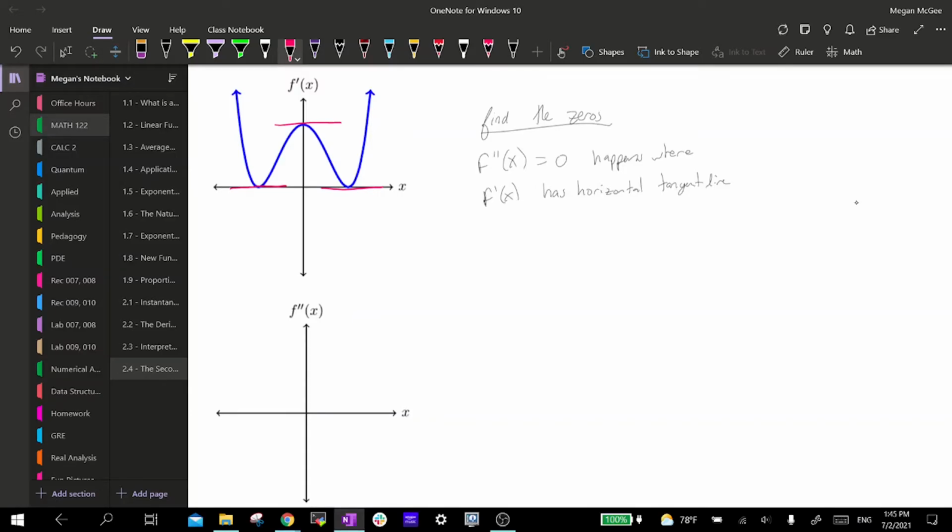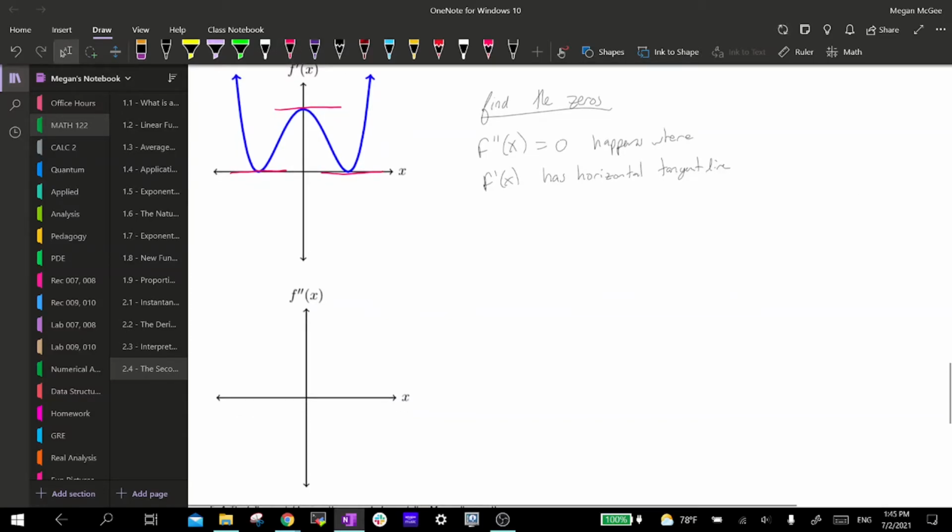So that means we're going to have 3 places where our second derivative needs to touch the x-axis. And notice there's no values on these axes here. It's a really rough sketch. Alright, but so it looks like we need to touch our x-axis here, here, and here.